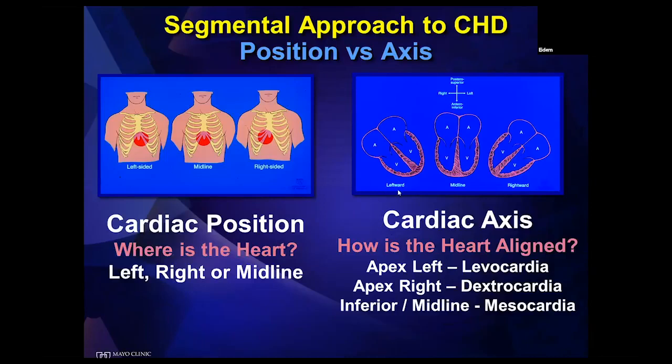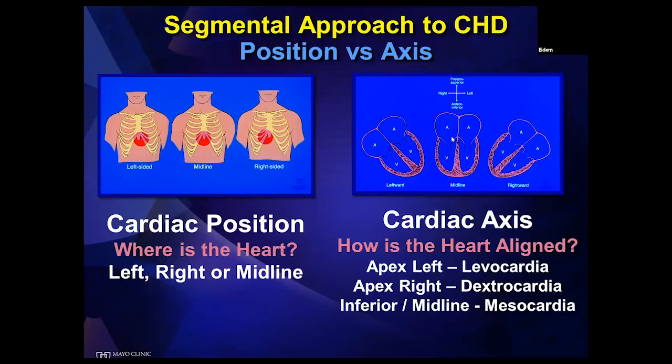Contrast this to the cardiac axis, which looks at the base apex orientation of the heart. In this example, the base apex orientation is to the left, so we would call that levocardia. In this example to the right, the base apex orientation or axis is to the right, so that would be dextrocardia.